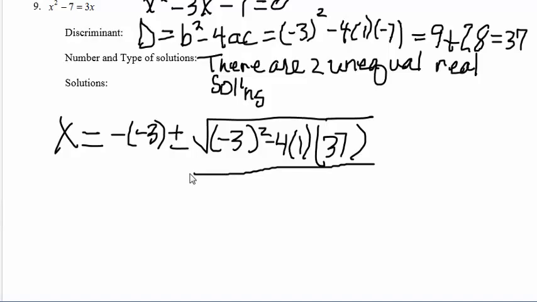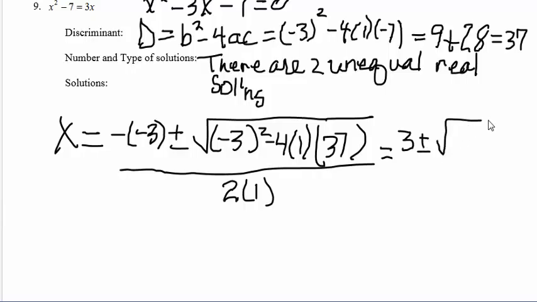And this is all over 2 times a, and a is 1. So this is 3 plus or minus the square root of 9 minus 148. That's all over 2.